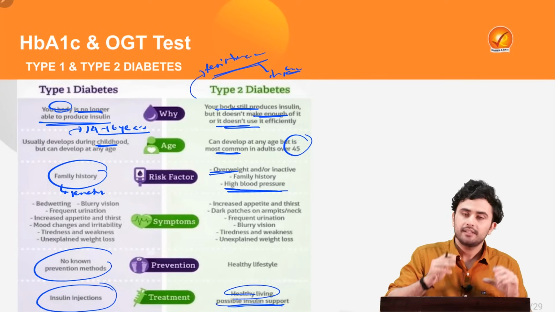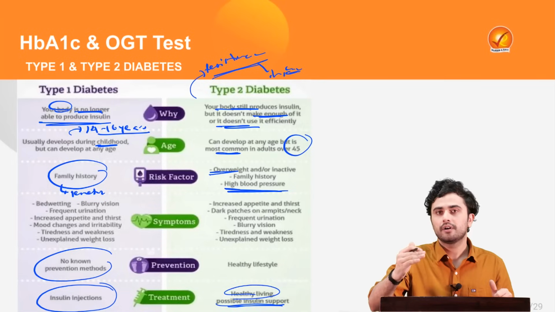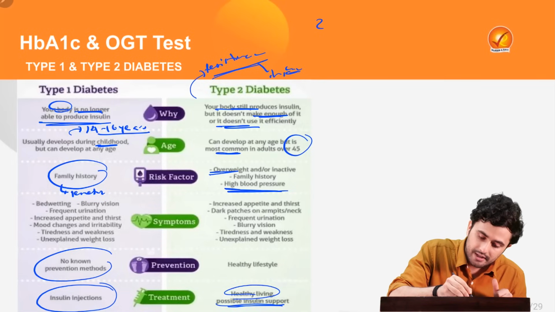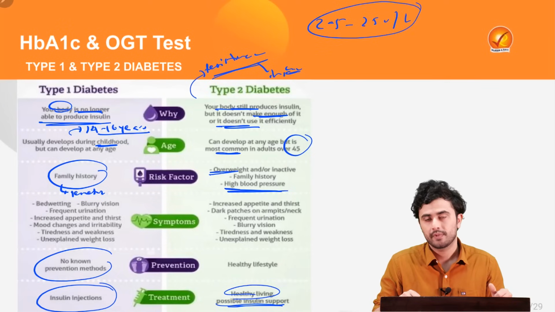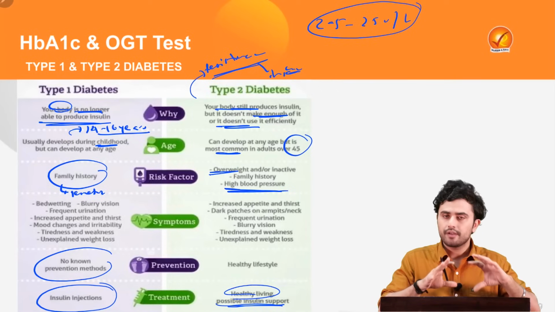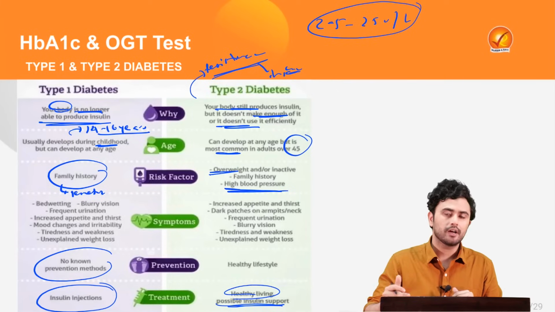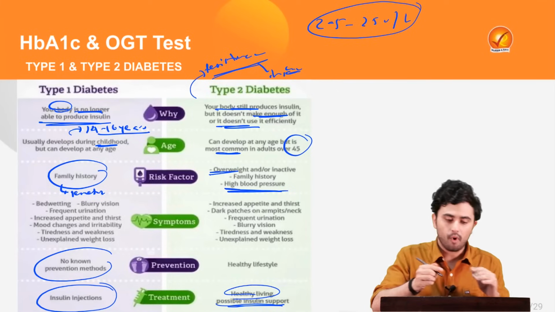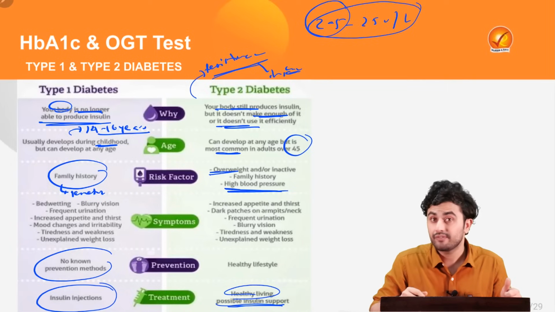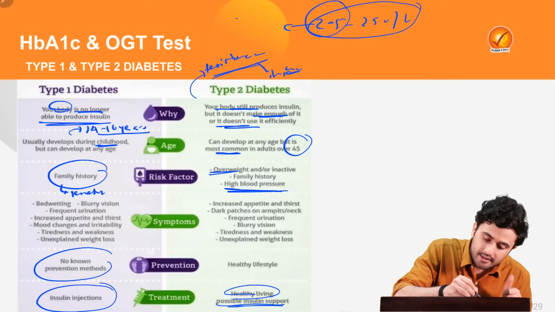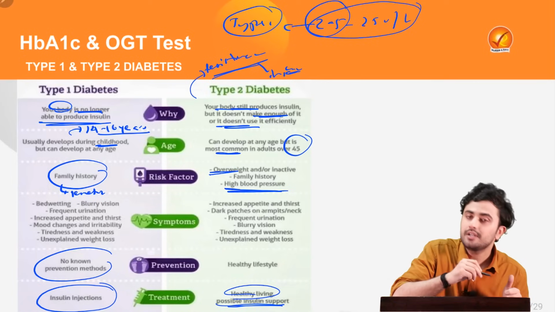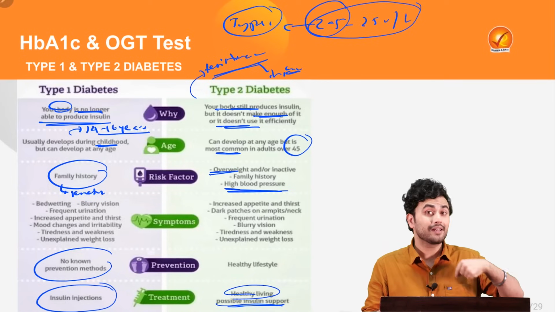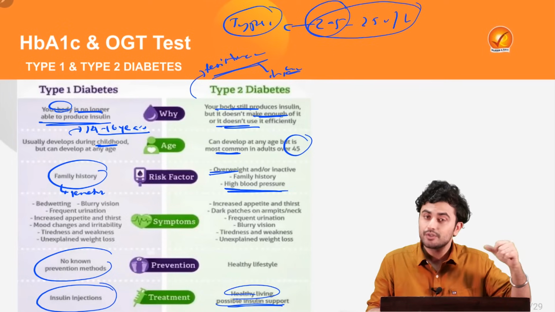Now keep this in mind that a healthy level of insulin in the body ranges from 2.5 to 25 units per liter. Thus, let's say that if you go for a doctor checkup and the insulin in your body is less than 2.5, this indicates that you have type 1 diabetes where your pancreas is not producing enough insulin.